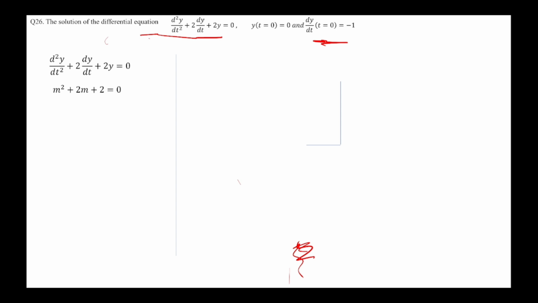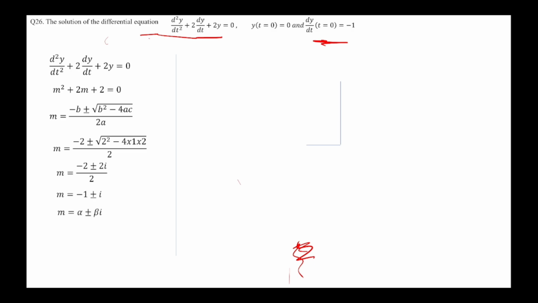So, very first, we convert the equation into m form. We all know that basic engineering mathematics. Now, quadratic formula. Okay, so we are getting this, and we know that for this type of solution, we have y equal to e to the power alpha t times (a sin bt plus b cos bt). That is a straightforward solution. So, let's take the first boundary condition, y equal to 0 at t equal to 0.